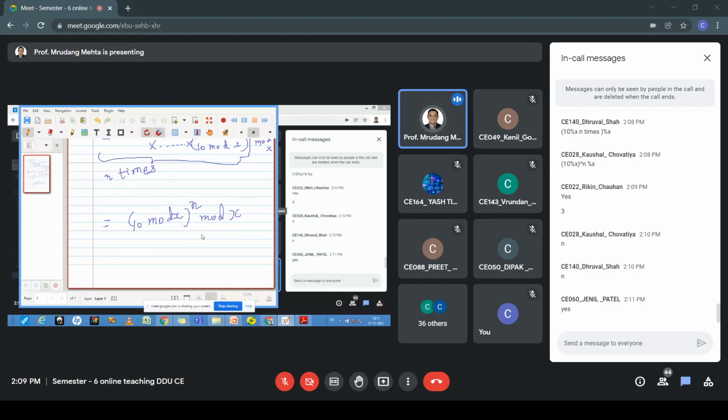So if we have to find the answer of this, 10 raised to n mod 3, what is the answer?